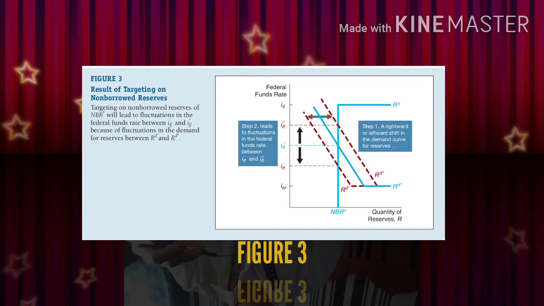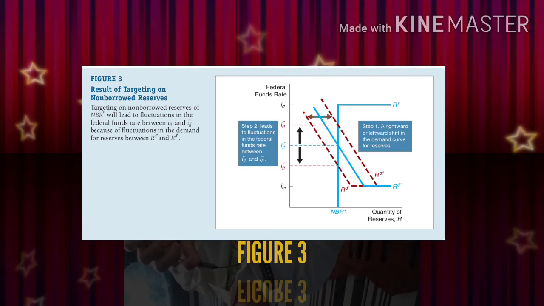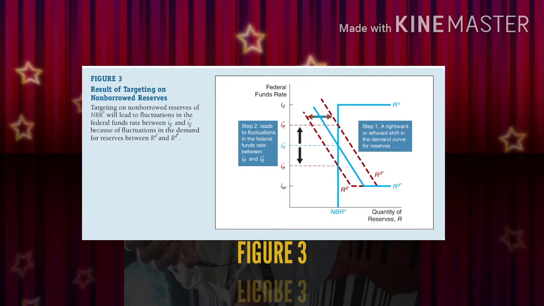Here is figure 3. Figure 3 contains the supply and demand diagram for the market for reserves. It shows the result of targeting on non-borrowed reserves. Targeting on non-borrowed reserves, NBR, will lead to fluctuations in the federal funds rate between iff and iff prime because of fluctuation in demand for reserves between Rd and Rd prime.